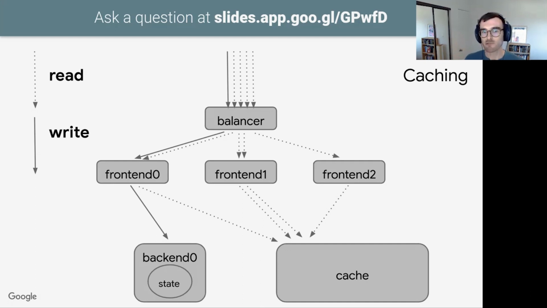And then any write requests are always directed by the load balancer to front end 0, which is the parent or the leader server that handles all of the write requests. Of course, now this becomes a single failure domain, like we were talking about. But these requests are much more rare. And since things are separated, if that machine goes down, we've only lost the ability to upload, and we still have the ability to download.